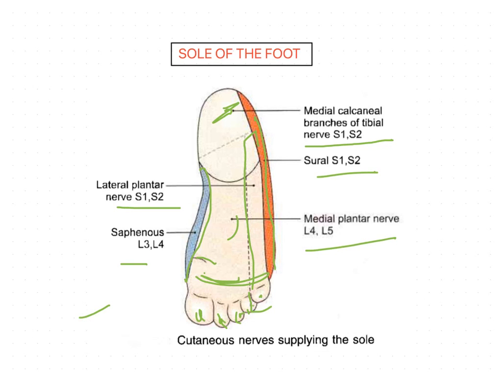In the subcutaneous tissue, thin fibrous septa run between the skin and the deep fascia. For example, this is the skin and this one is the deep fascia, with a thin fibrous septum running between them. These septa separate the fat into small loculi.